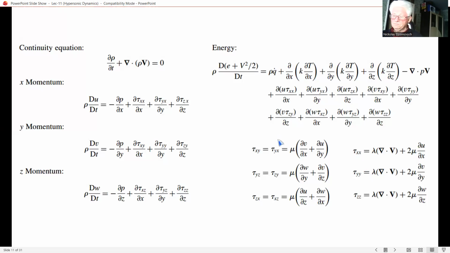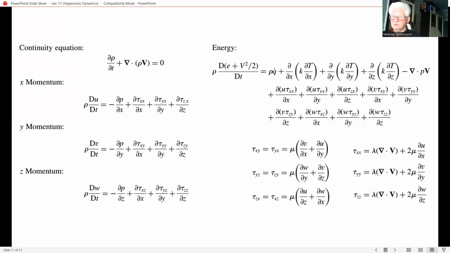Also, mu is the viscosity coefficient, k is the thermal conductivity, and lambda is the bulk viscosity coefficient, where the usual Stokes hypothesis is lambda equals minus 2/3 times mu.